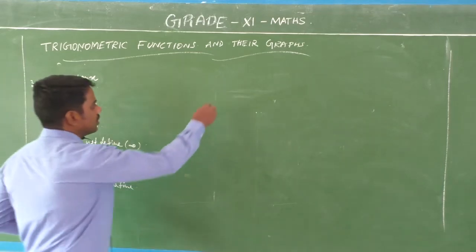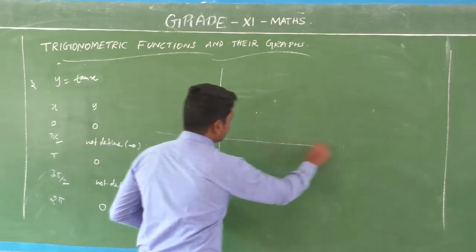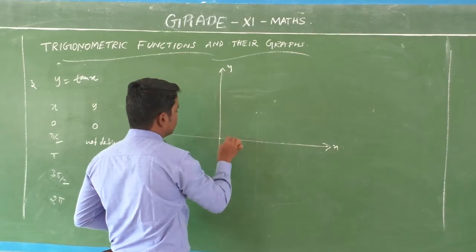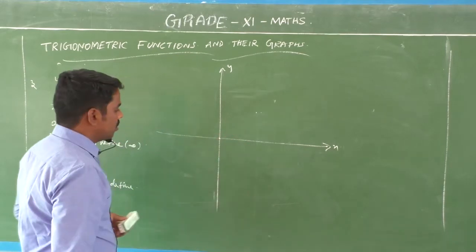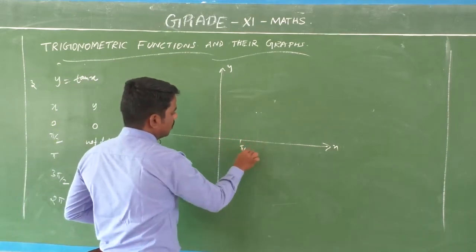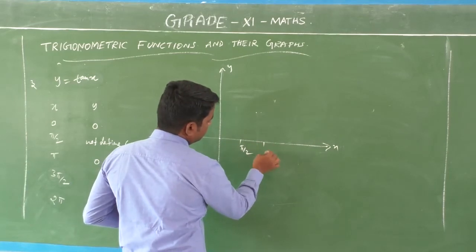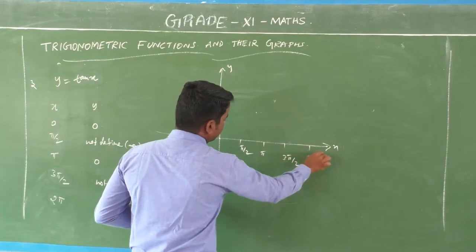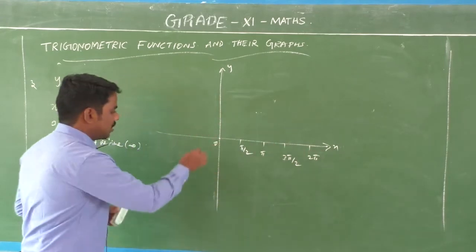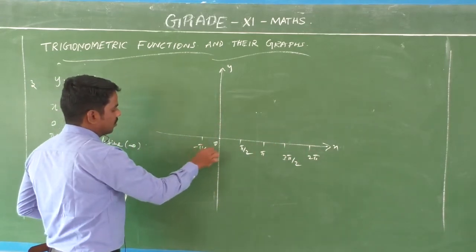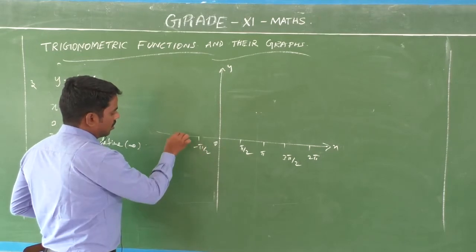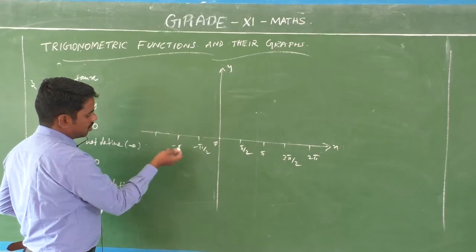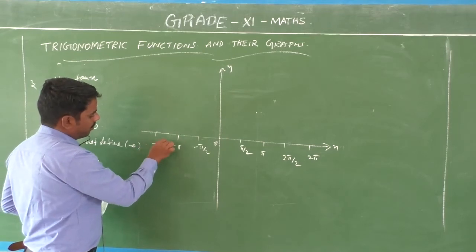Plot the points on the x axis and y axis. Take x and y axis, 0, pi by 2, pi, 3 pi by 2, 2 pi. Next, minus pi by 2, minus pi, minus 3 pi by 2, and so on.